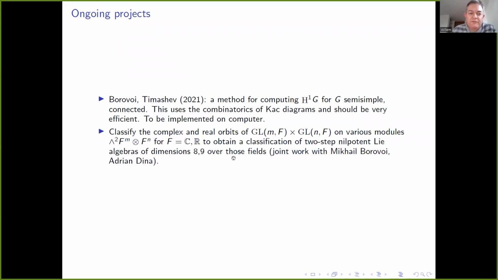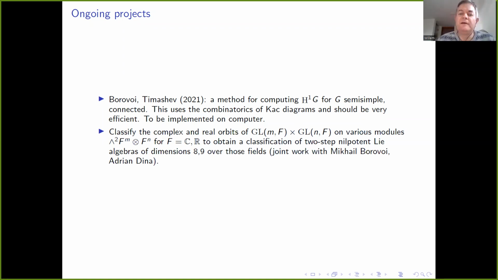And another thing, which is also a joint work with Mikhail Borovoi, and this time also with Adriaan De Graaf, is to do another classification, which is to consider the groups GL_m(F) times GL_n(F) acting on modules of the form the wedge 2 of F to the power m tensor F to the power n, for F equal to the complex numbers and the real numbers.